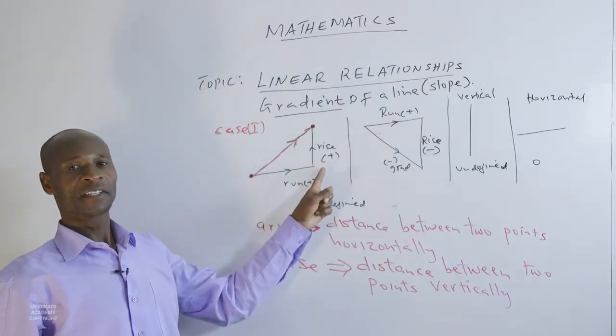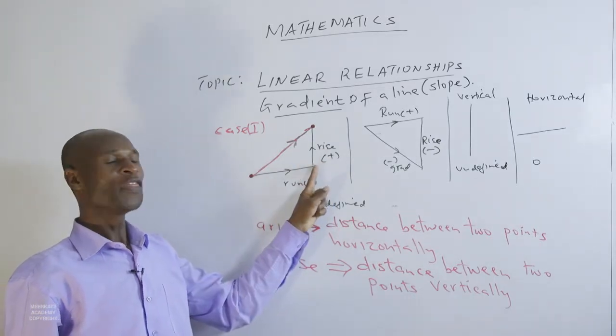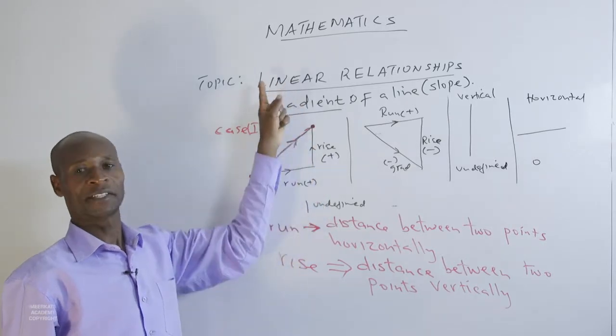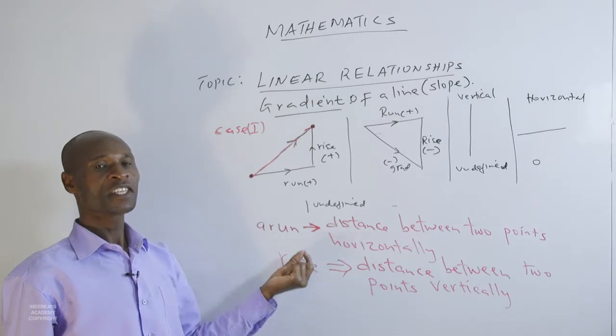So in our case, our rise is positive because the movement is upwards. So when the movement is upwards, the rise is positive.